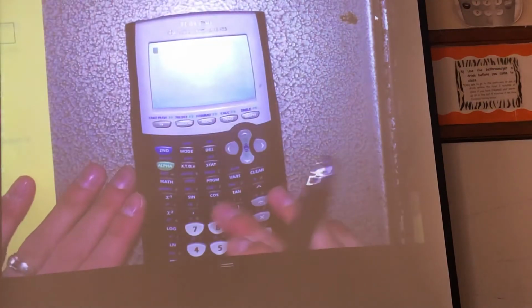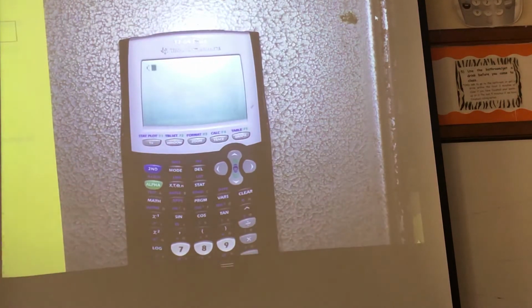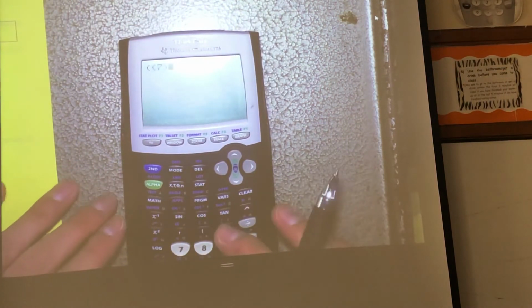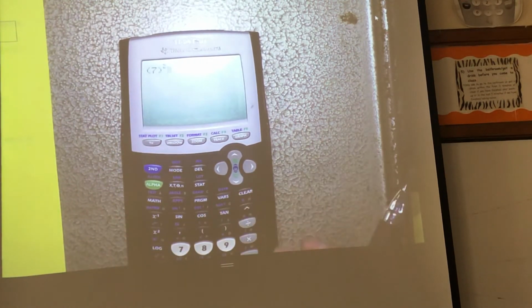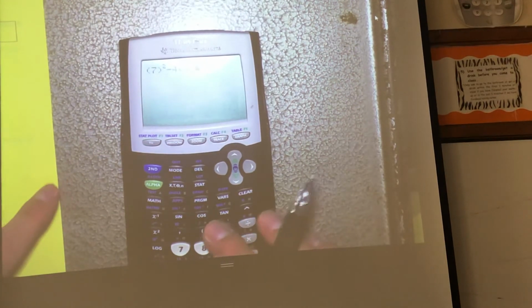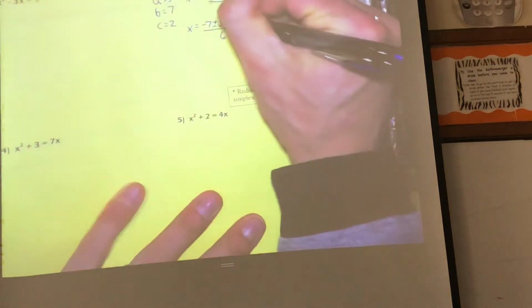So I have 7 squared minus 4 times 3 times 2. So I'll get 25. So that's the discriminant.